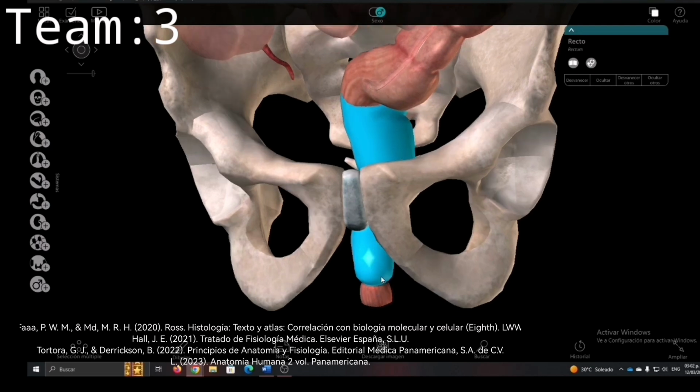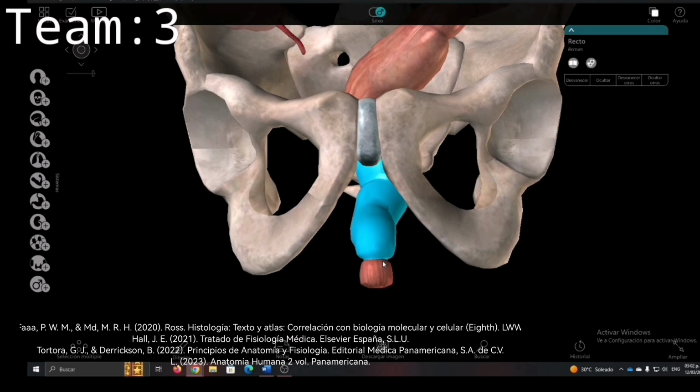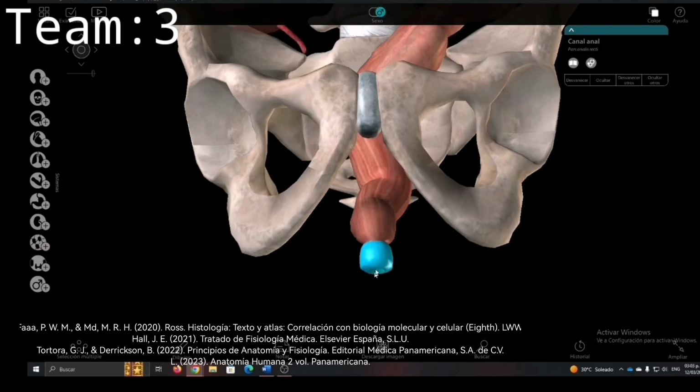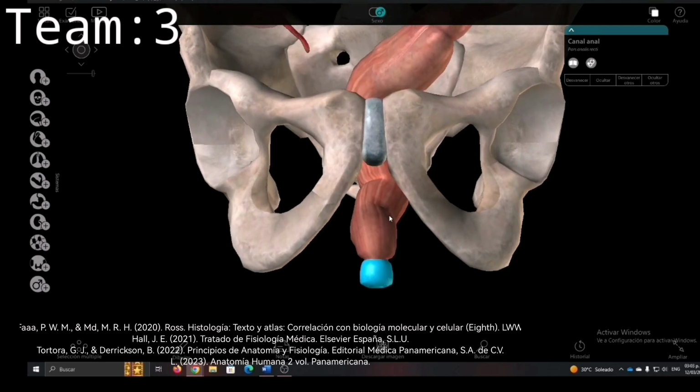This is the anorectal junction, we can see here, and this is 3 or 4 centimeters from the anus, as we can see here. The rectum constitutes the terminal part of the digestive system, which then continues with the anal canal, as I said before. The most dilated portion is called the rectal ampulla. It derives from the endodermal primitive intestine.